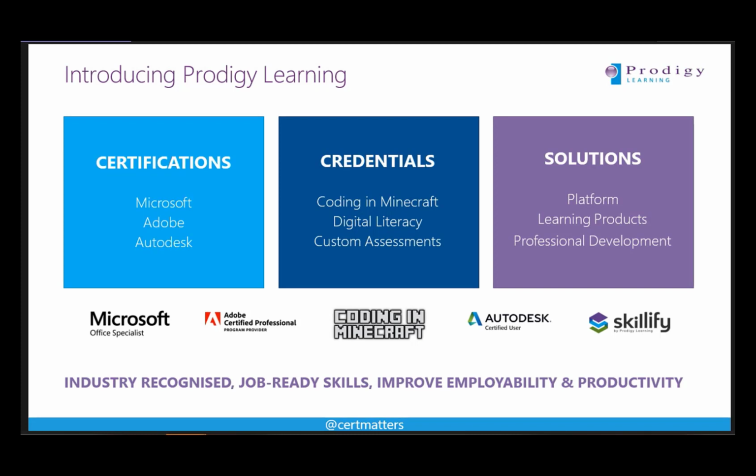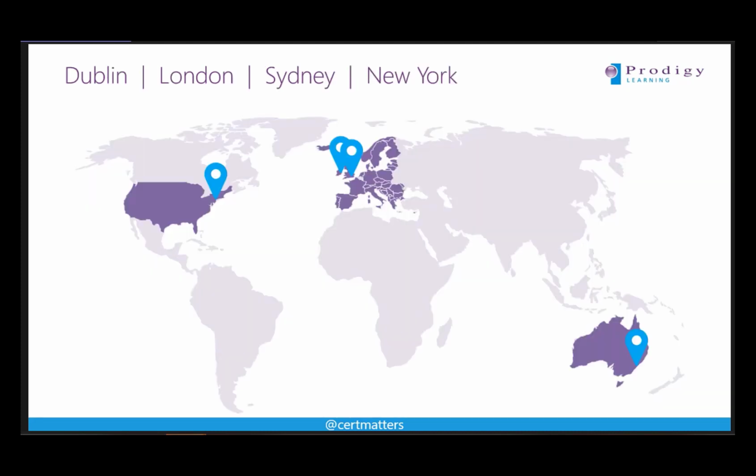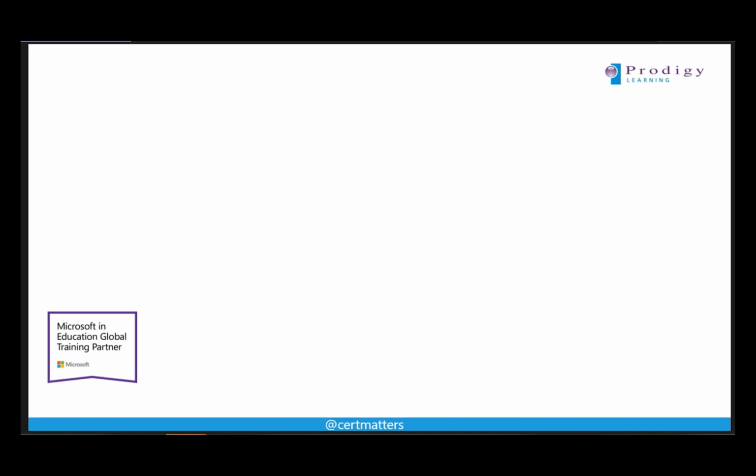So we're based in the education field, and we also cover quite a bit of the world now. We started off in Dublin, and we now look after all these things in the whole of the UK and in Australia, and also in different parts of America. So we've got offices in Dublin, London, Sydney and New York as well. So we're kind of spreading our wings a little bit. But all of that is that we are definitely a Microsoft Education Global Training Partner.